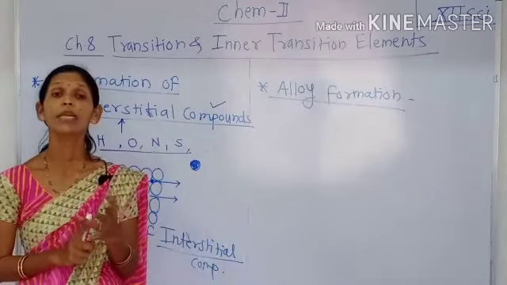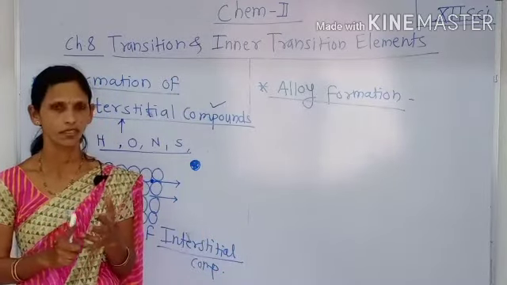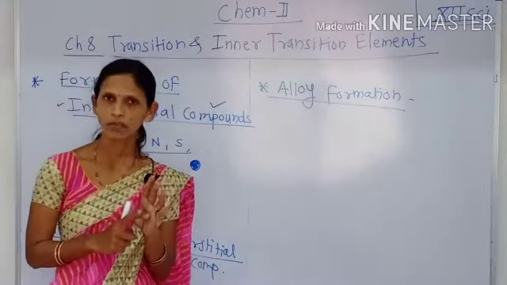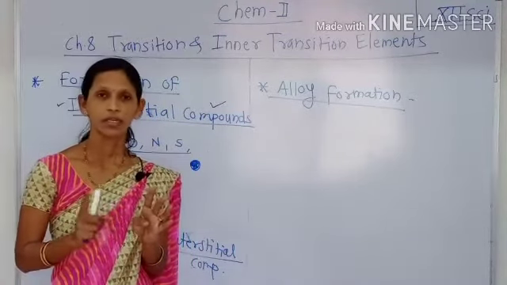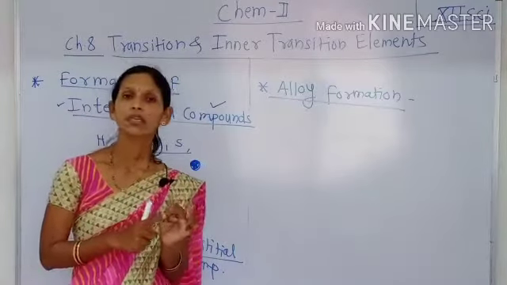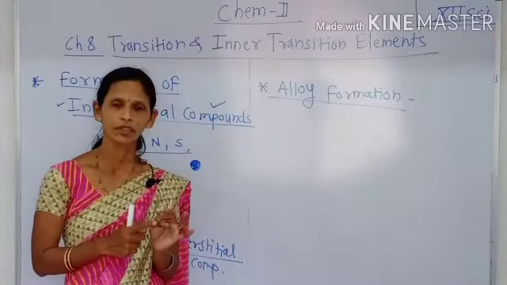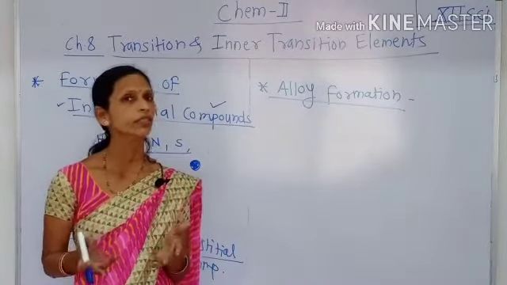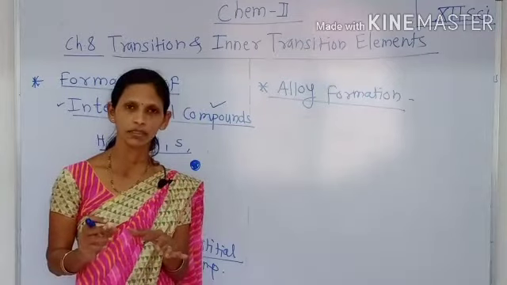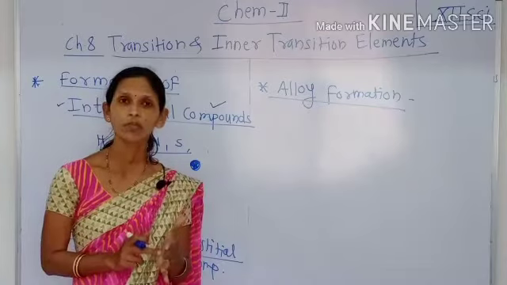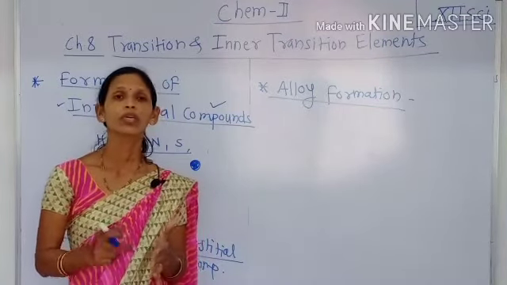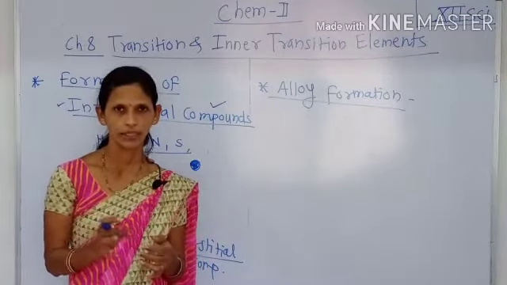The melting point of those elements also increases. That means interstitial compounds are harder than the original transition metals and have a high melting point. Few properties change from the original metals during formation of an interstitial compound. The interstitial compounds are also good conductors of electricity and heat.